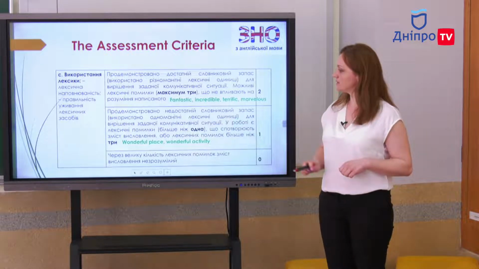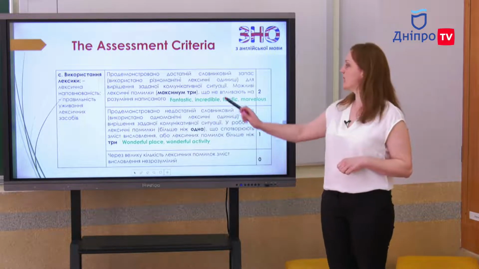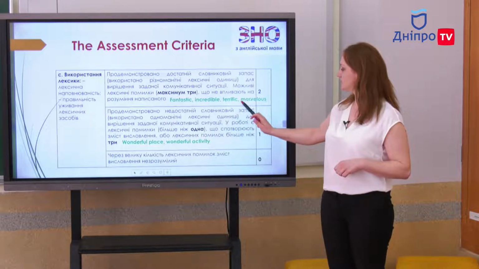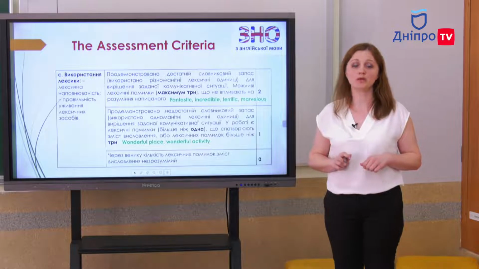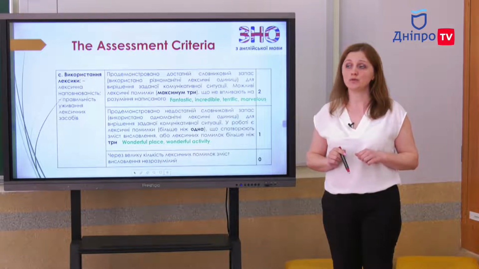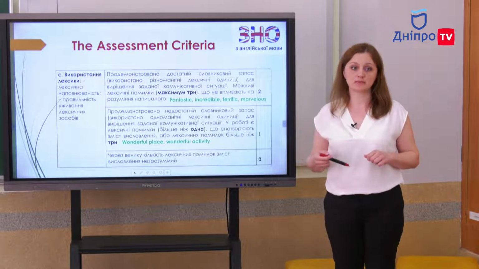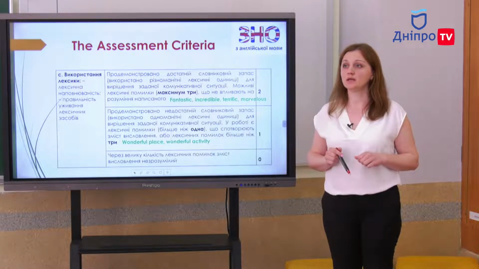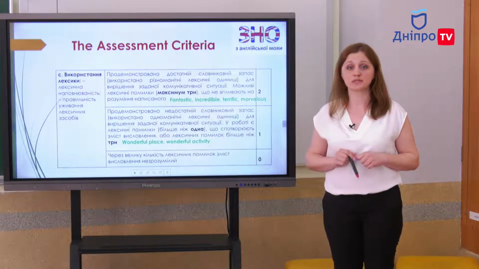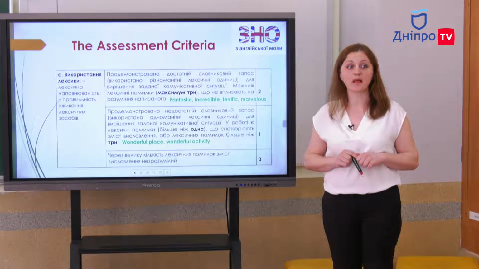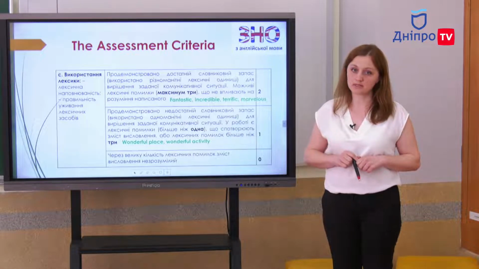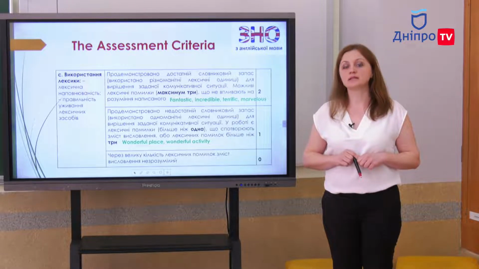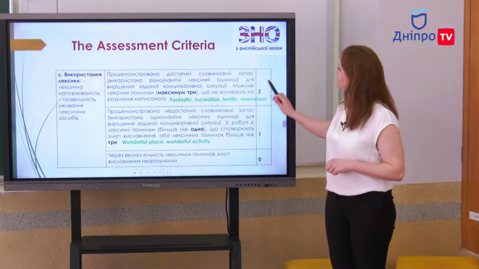To replace the word wonderful, we can use these words: fantastic, incredible, terrific, marvelous, and others. Also, you can get 1 point if you make more than 3 lexical mistakes, or even 1 if it prevents understanding the text. And the last, you can get 0 if there are a lot of lexical mistakes in your letter and the letter doesn't make sense.